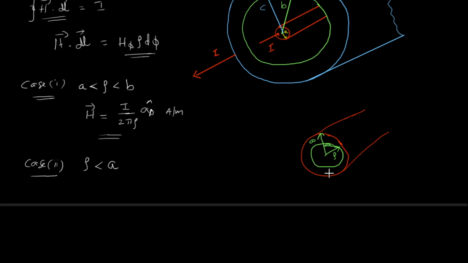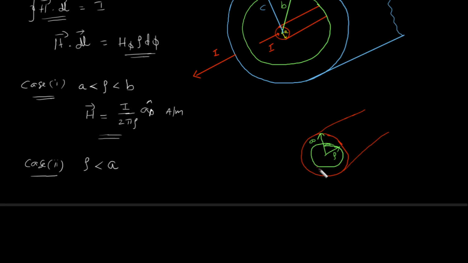We didn't study in depth that current will flow on the surface of the conductor, we know that, but still, going with physical science, the current enclosed by this closed path rho will be less than the total current I. The total current flowing is I. If I have this path around, it will enclose the entire current I. But now the path is inside, so it is not going to enclose the entire current I, it will only enclose a portion of current I.